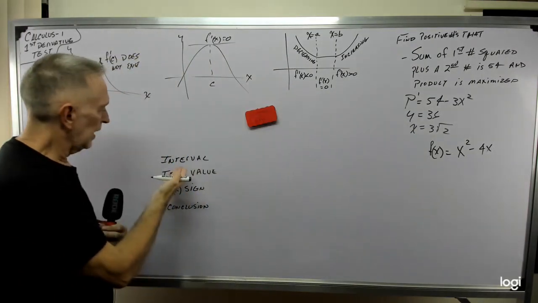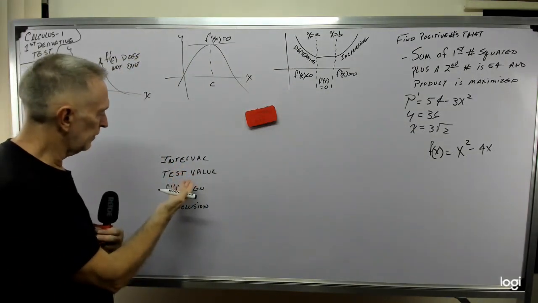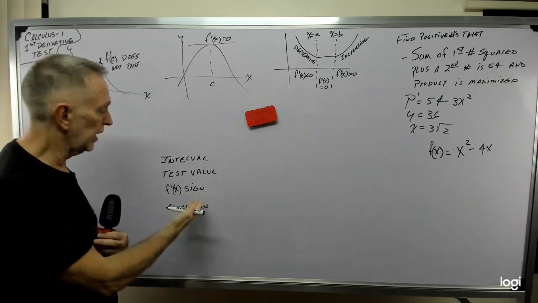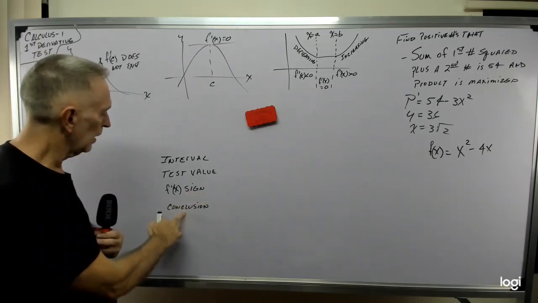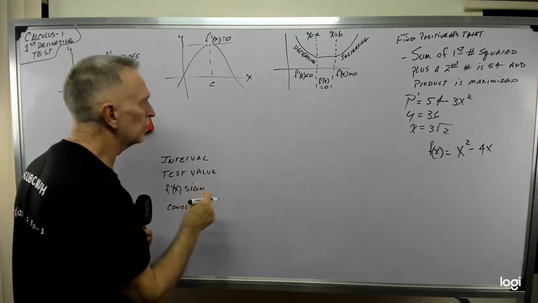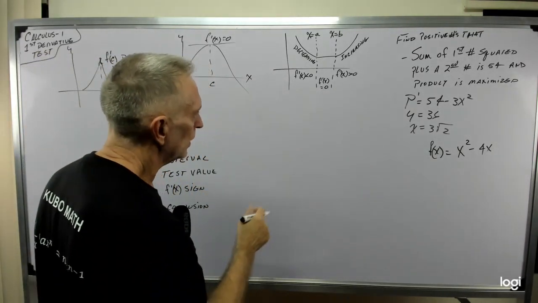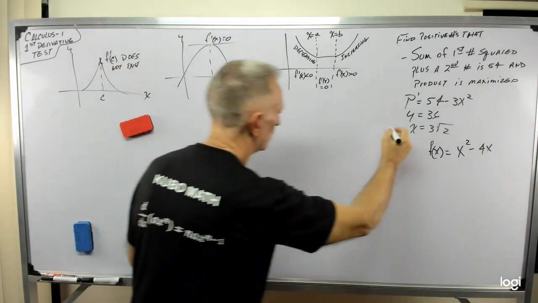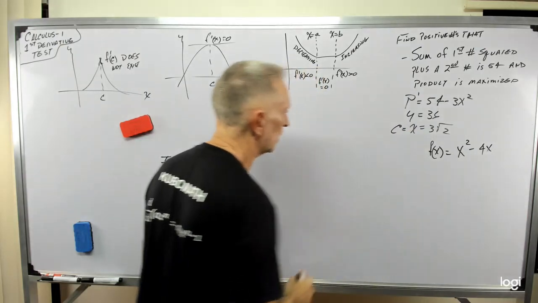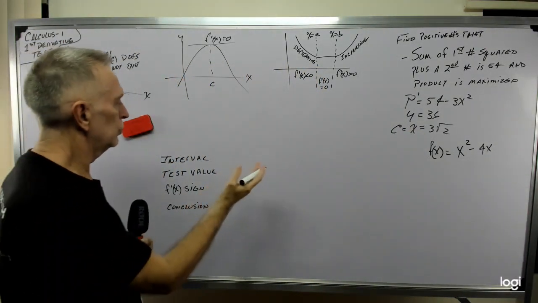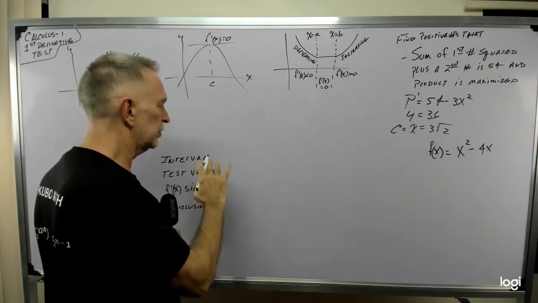You'll notice I have an interval, test value, f prime of x sign, whether positive or negative or 0, and then conclusions. So let's take an interval. Since x equals 3 square root of 2 is c, my critical value, we want to be just one side of this.